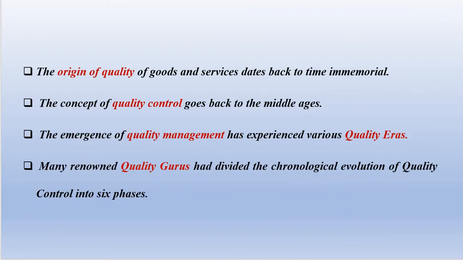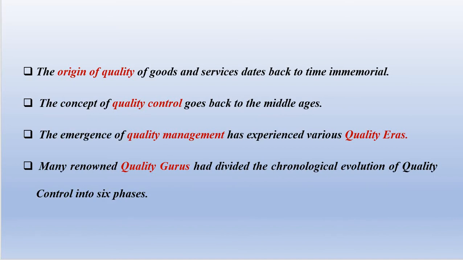Though the origin of quality of goods and services dates back to time immemorial, the concept of quality control goes back to the Middle Ages. The emergence of quality management has experienced various quality eras.